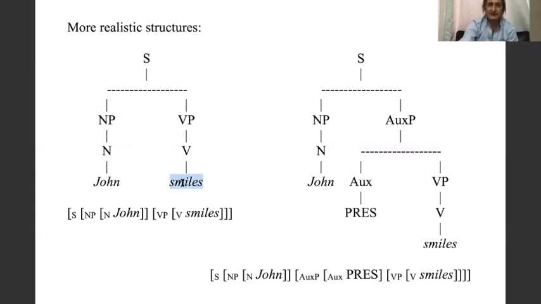The word smiles itself is a verb, and in this case, the verb by itself counts as a verb phrase. Okay, well, we don't yet have a way of interpreting this because we don't know what to do with these verb phrase VP dominating a V, dominating a single daughter Smiles.